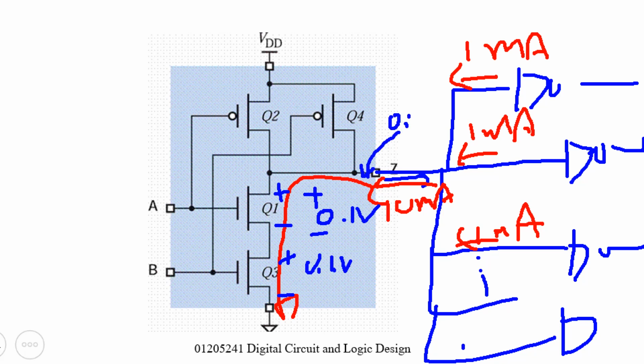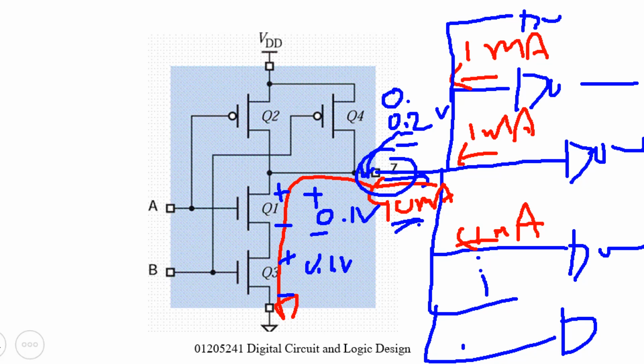It's 0.24. If I increase the number of logic gates that use the signal from this output, the current flowing through this one becomes higher and higher. So this voltage becomes higher also. Then it's possible to be higher than 0.3 volt or become 0.5.